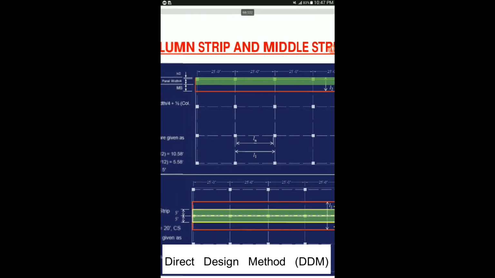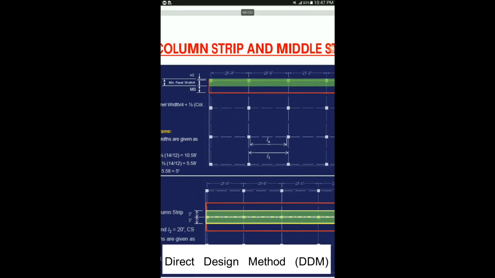Now let us look at the calculation. Now we have the total width. The column strip width can be found as we discussed: 0.25 of L1 or 0.25 of L2, whichever is smaller.